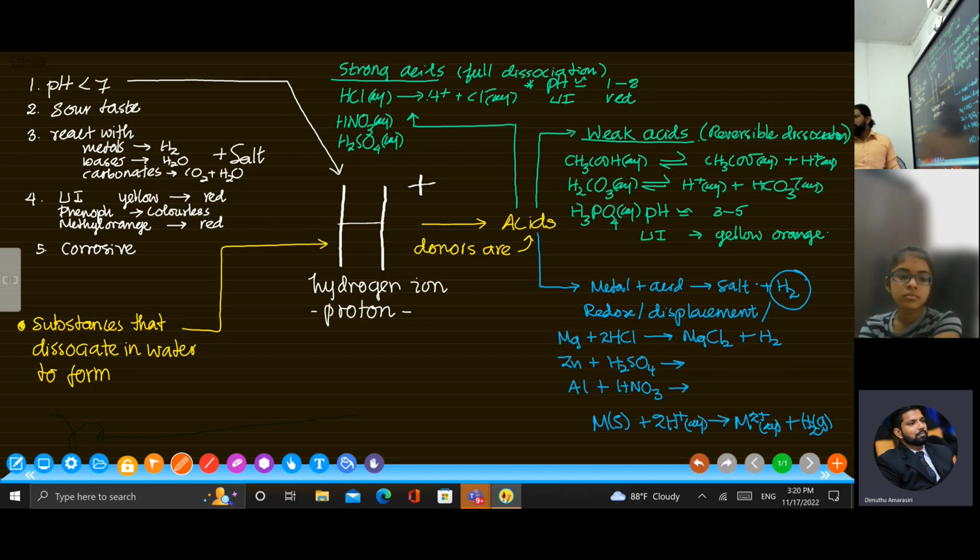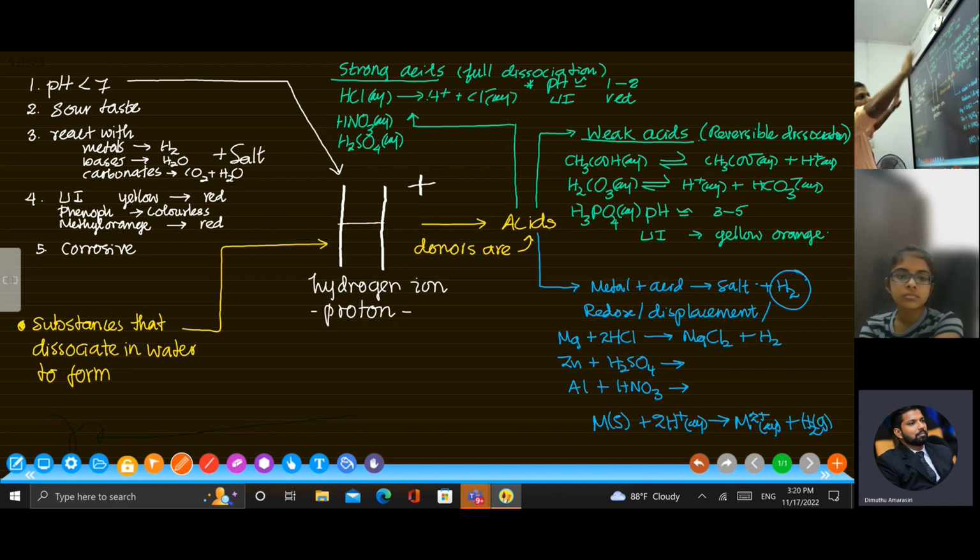Who's getting oxidized? Who's getting oxidized? Metal or H plus? Metal, correct. Metal oxidation. Product side again M2 plus. This is what we call productive studying, productive short note forming: relate the knowledge to the central concept.